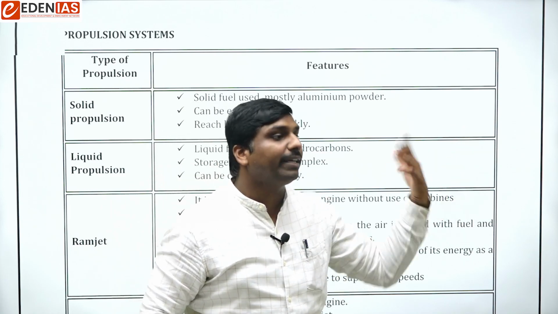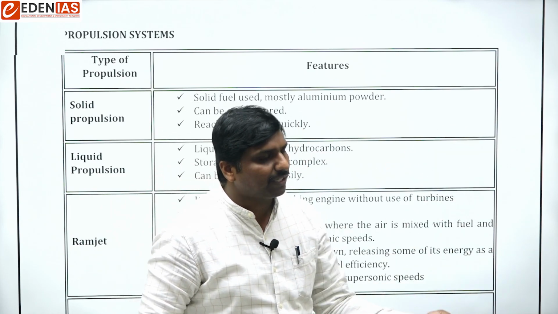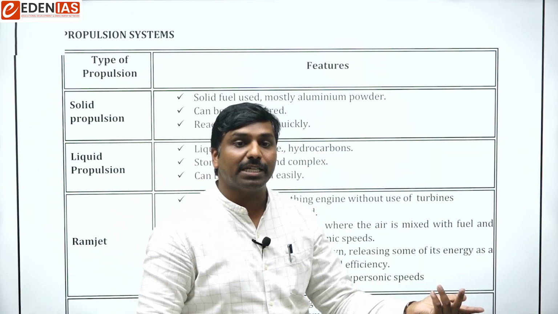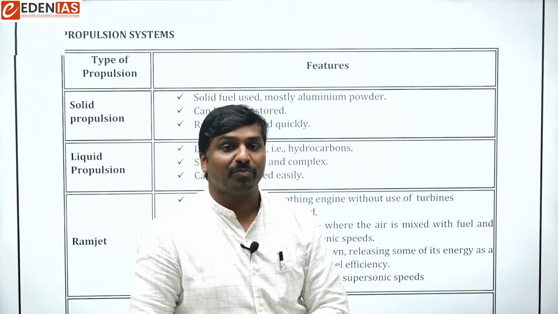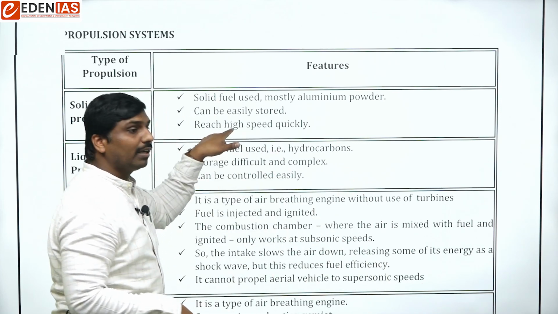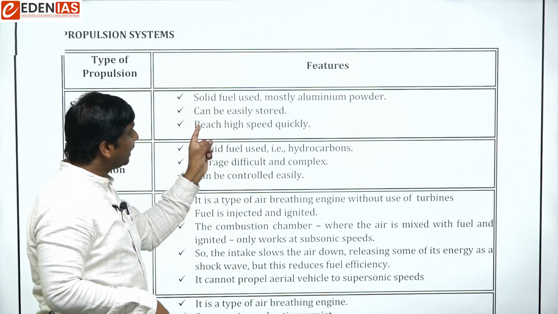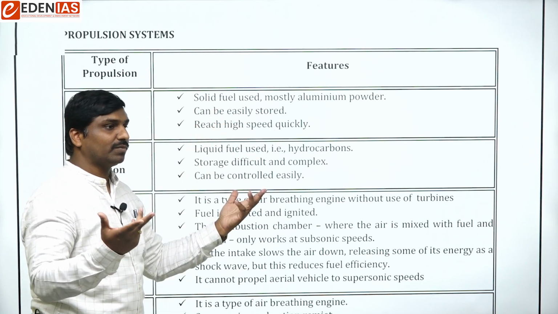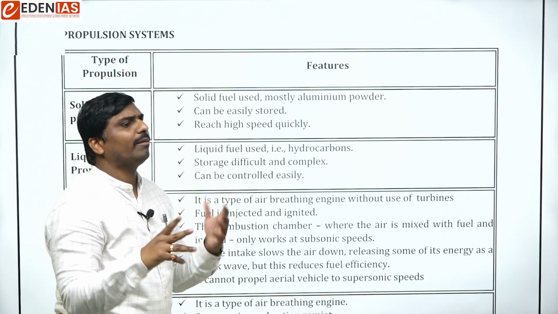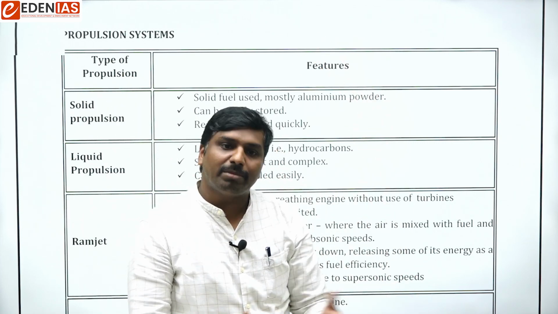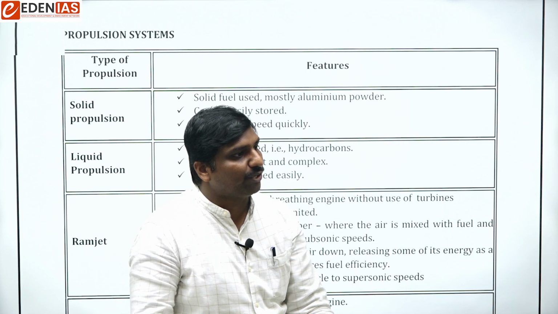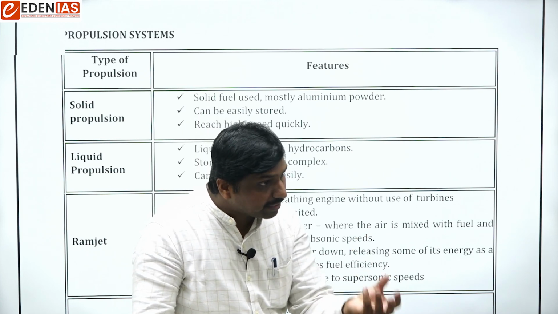You can take any vehicle, whether SLV, ASLV, PSLV or GSLV. The first stage would be made up of solid fuel because it gives good thrust so that they can reach high speeds very quickly. Once they have reached high speeds and gone high, the gravitational pull is reduced, so it requires less fuel.